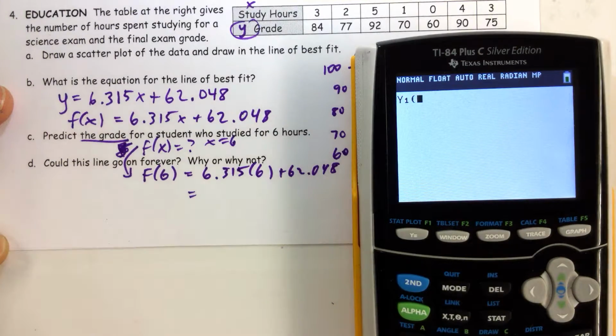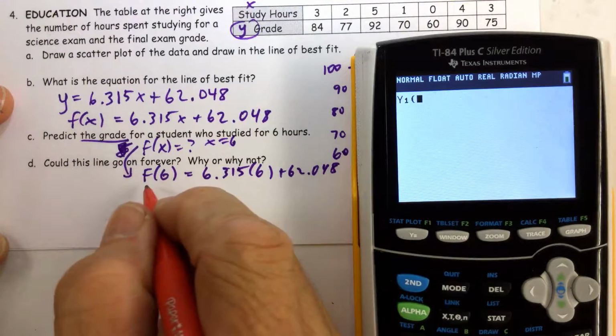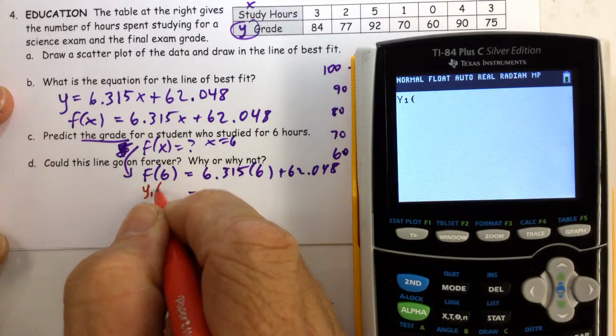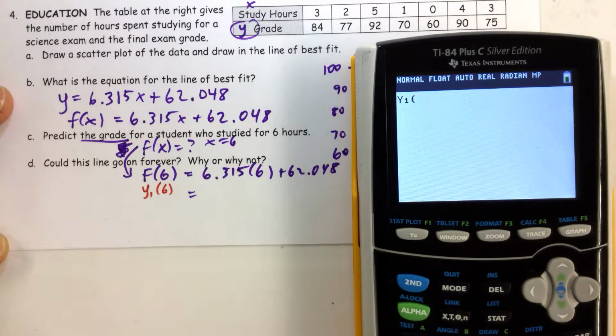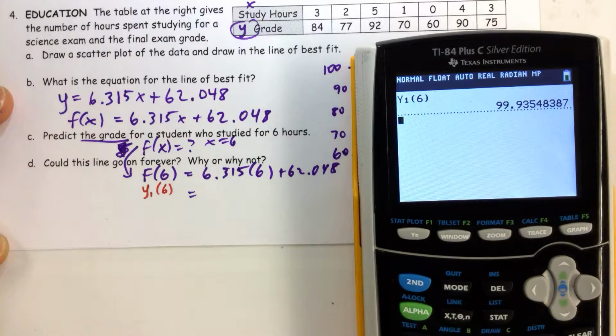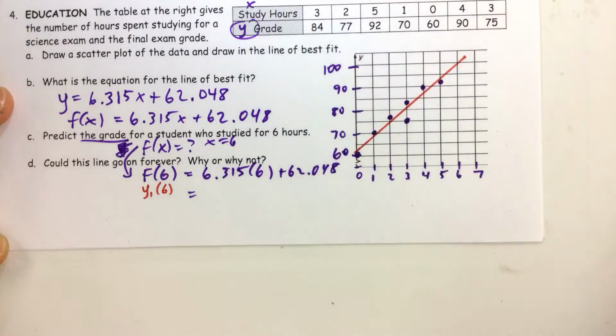The f of 6 on our paper is our Y1 of 6 on our calculator. Type a 6 in there, and then we get 99.94. So if this person studies for 6 hours, it's likely they're going to get 99 or 100%.